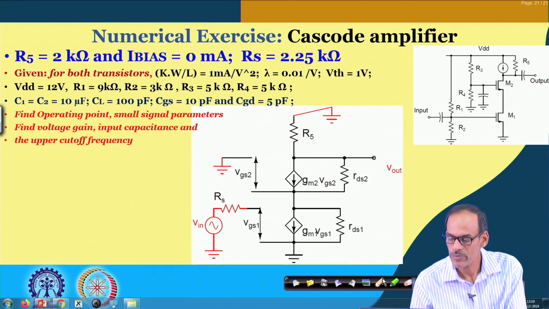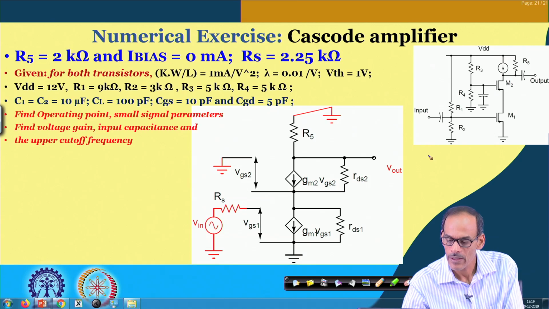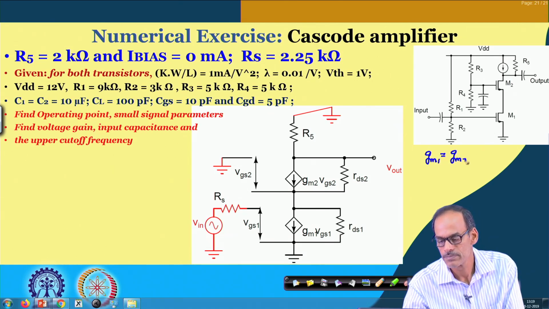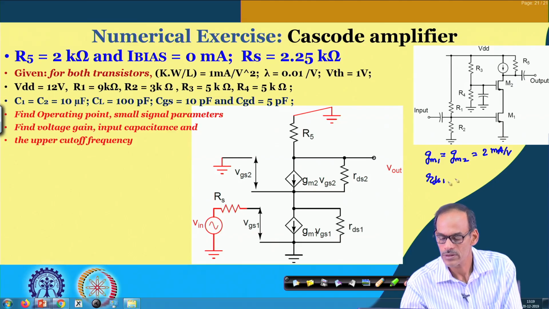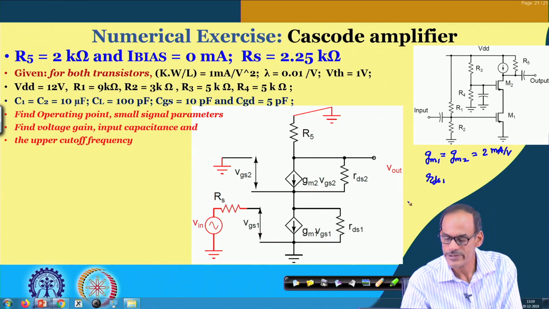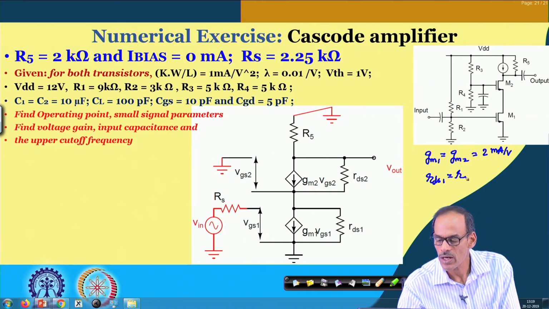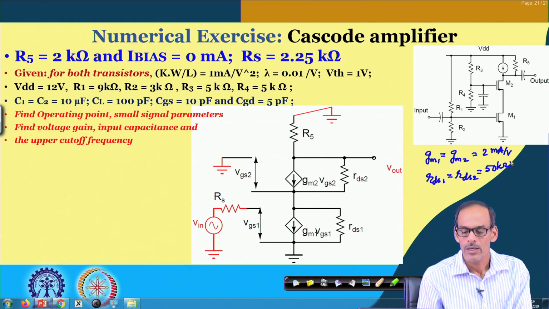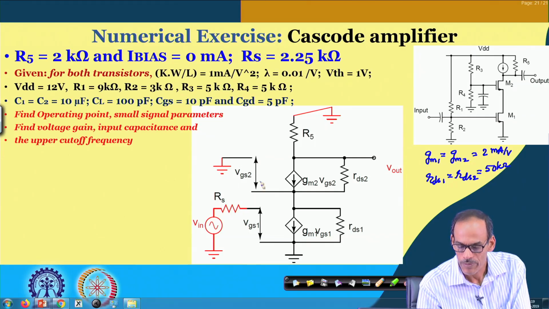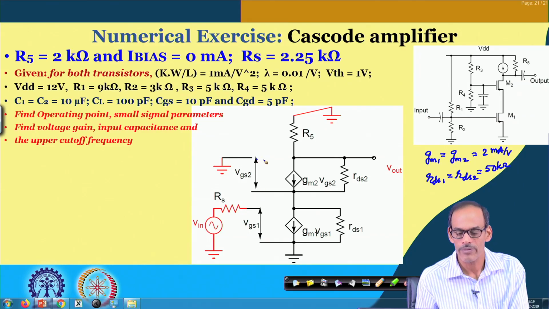and from our previous analysis we see that gm1 equals gm2 equals 2 milliampere per volt, and rds1, the notation we are using here is rds, rds1 equals rds2 equals 50 K, and of course we do not have the r pi here.